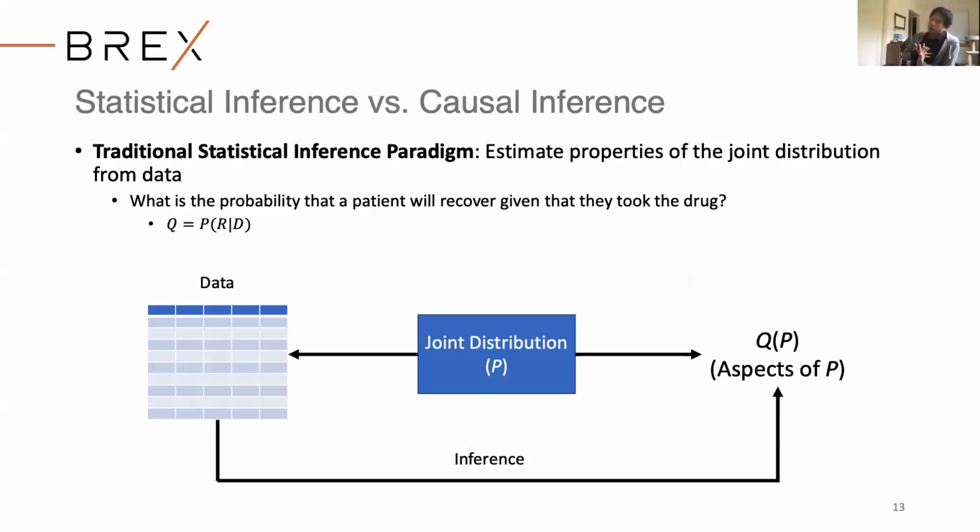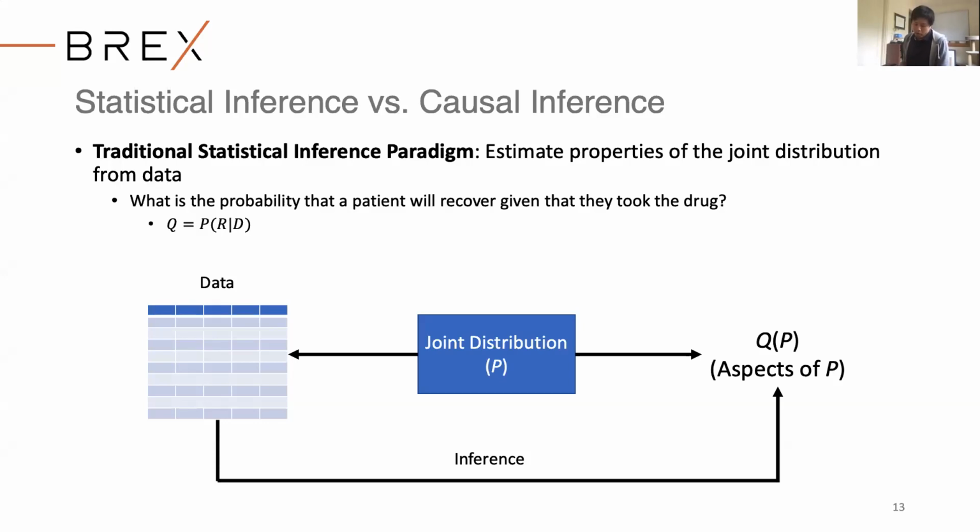All right, now that I've described what causality is, I'm going to talk a little bit about the way in which we learn about causality from data and compare that to what traditional statistics would do with data. In traditional statistics, you assume that there's an underlying probability distribution that generated this data, and from the data, I try to learn certain aspects of that distribution.